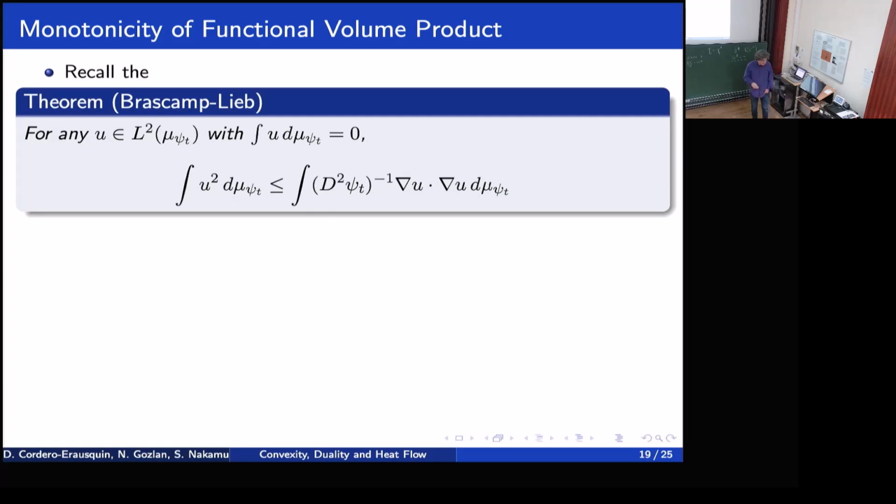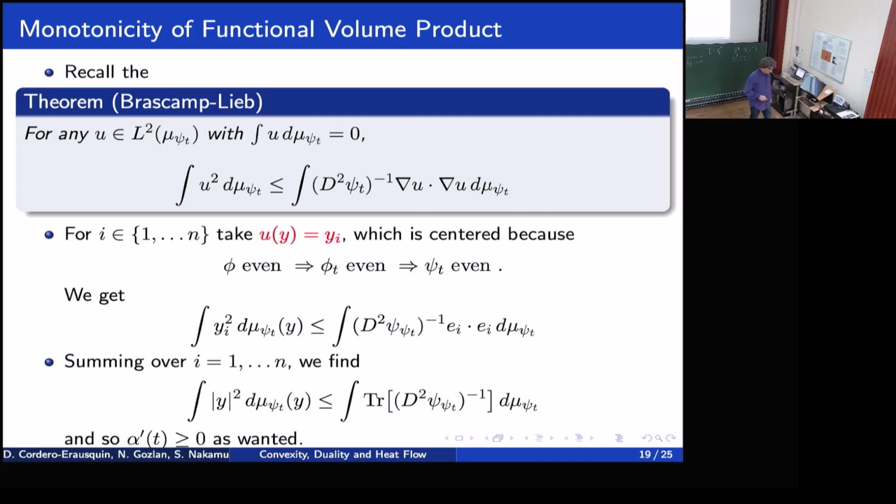Okay. Now, this is where I will use my assumption that phi was even. The fact that phi is even implies that along evolution it remains even, and the Legendre transform will also be even. So if you look at the linear functions, they are centered, right? So you can apply it to linear functions.